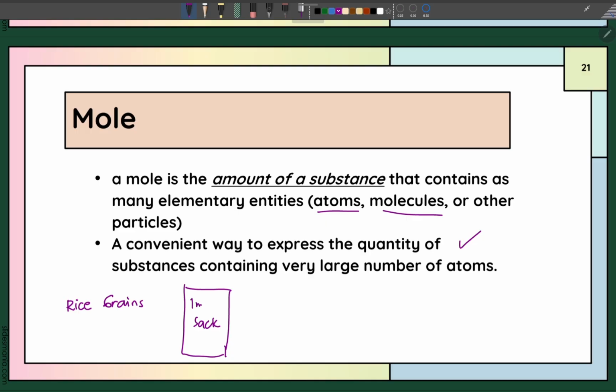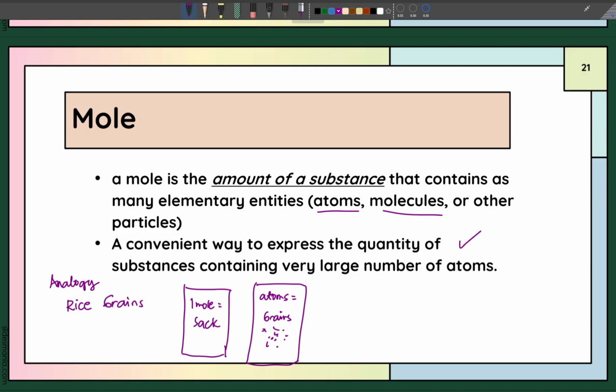It's like 1 mole, just an analogy. And the number of grains inside refers to the number of atoms. It can also be atoms or molecules instead of grains. But the number will be the same if we're talking about 1 mole of a substance.